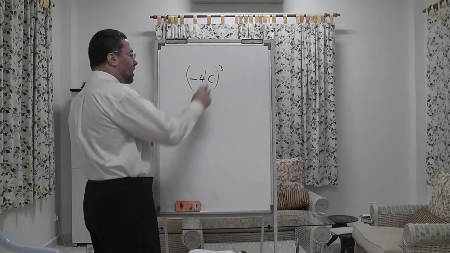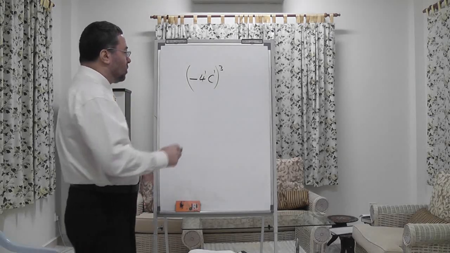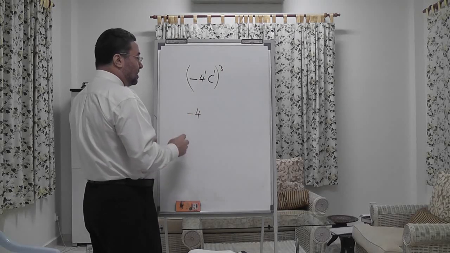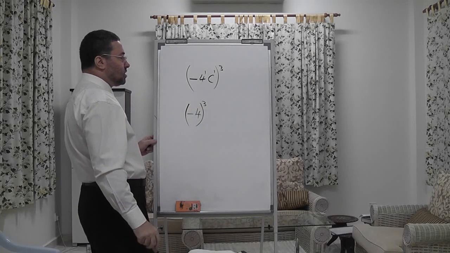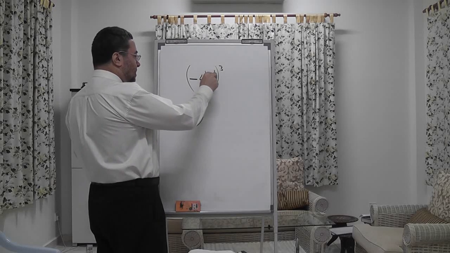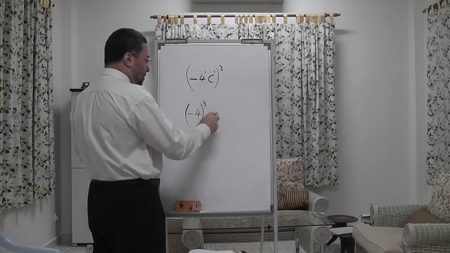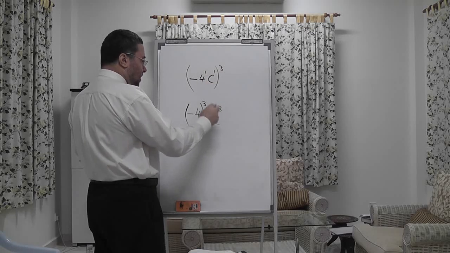We have the 4 and we have the c, both raised to 1. So we are going to multiply their powers. The first number is minus 4, and the whole thing is cubed. And the second one is c raised to 1 cubed. So we multiply the powers, 1 times 3, and that's 3.